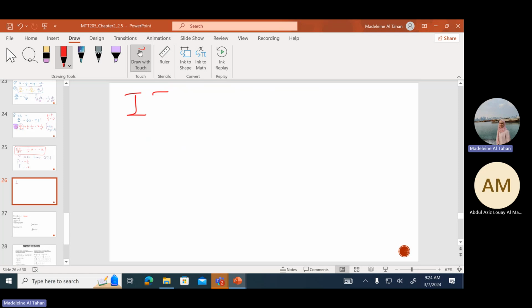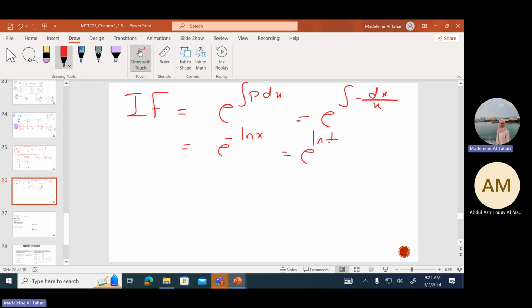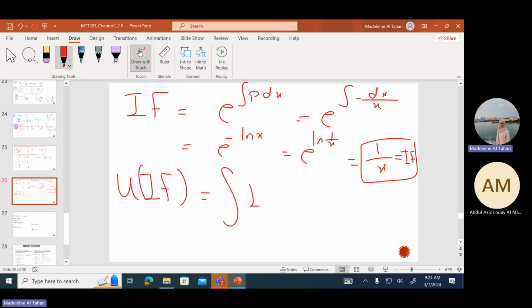The integrating factor is equal to e power integral of P dx, so e power minus the integral of dx over x, e power minus ln x, which is 1 over x. Perfect. This will be our integrating factor and we'll put it in a box. Then u times the integrating factor is equal to the integral of the integrating factor times A dx. We will use this one.